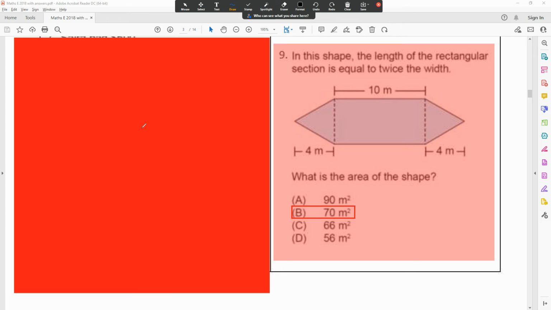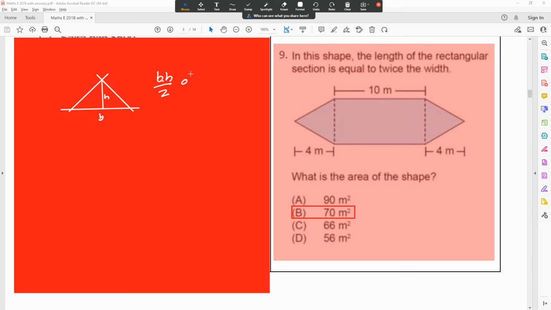So what's the formula for the area of a triangle and what's the formula for the area of a rectangle? A triangle area is half base times height, right? So if you ever have a triangle, you're going to have some kind of base and some kind of perpendicular height. So this is your height and this is your base. We take base times height divided by 2.